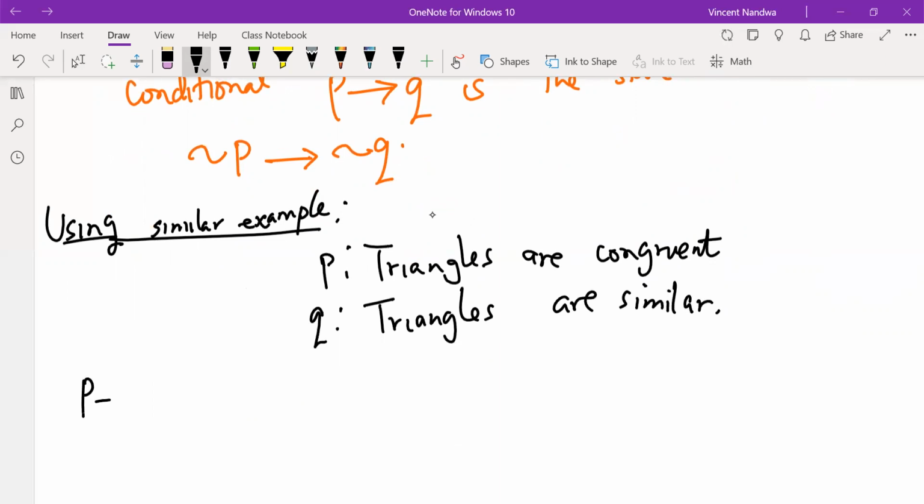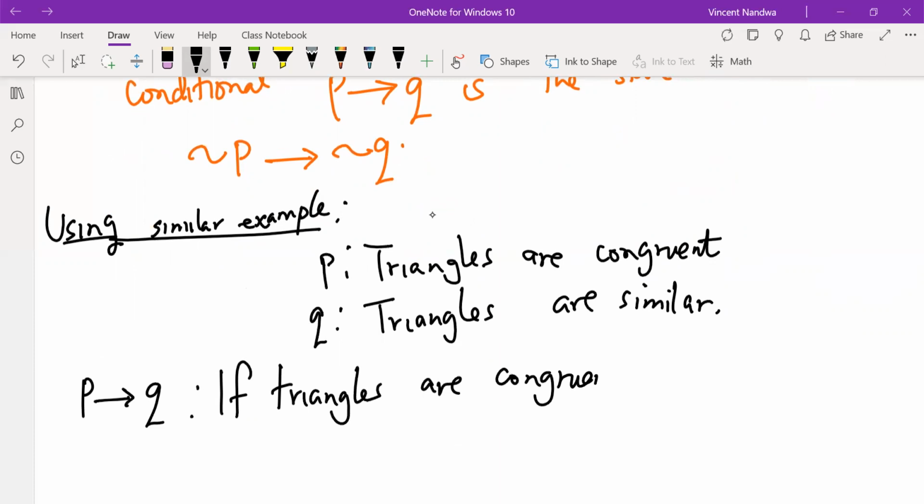So P implies Q is the statement if triangles are congruent, then they are similar.